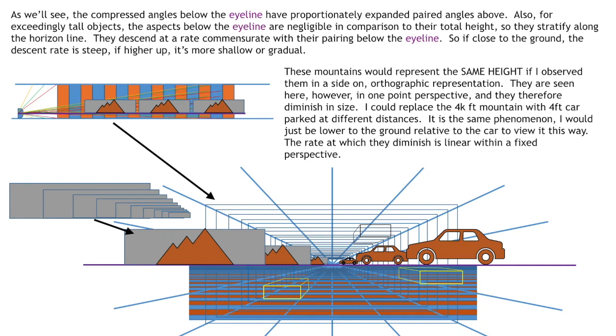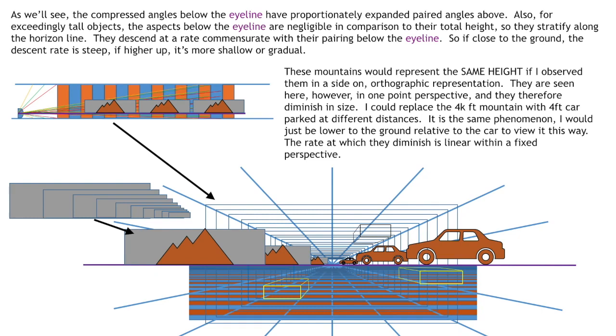So in the orthogonal view here on the left, these mountains would represent the same height if I observe them that way, in that side-on orthographic representation. But they are seen below here in a one-point perspective, and so they therefore must diminish in size according to the transversal lines. I could replace a 4,000-foot mountain with a 4-foot car parked at different distances, and it is the same phenomenon.